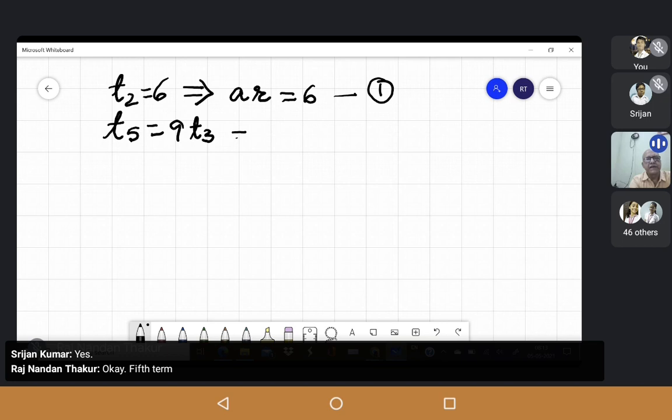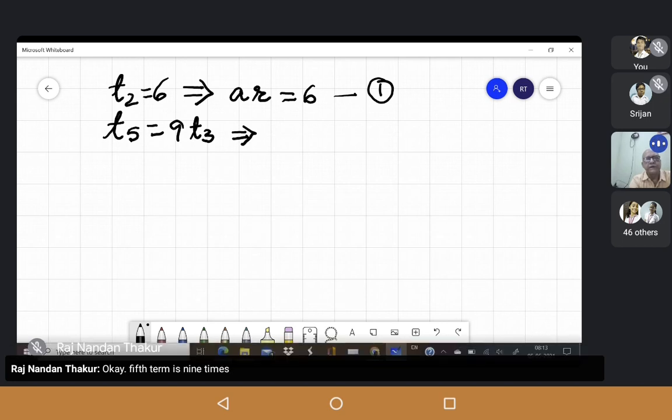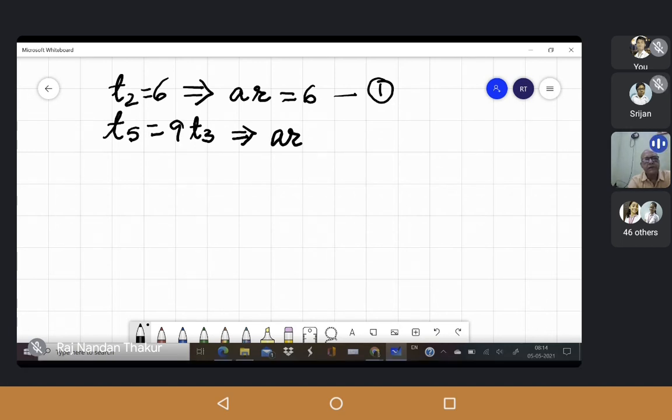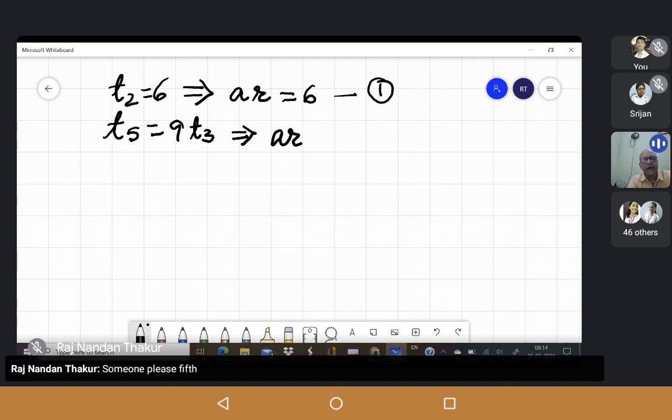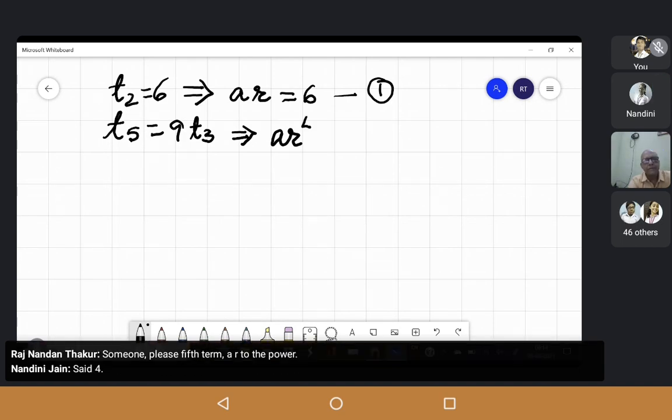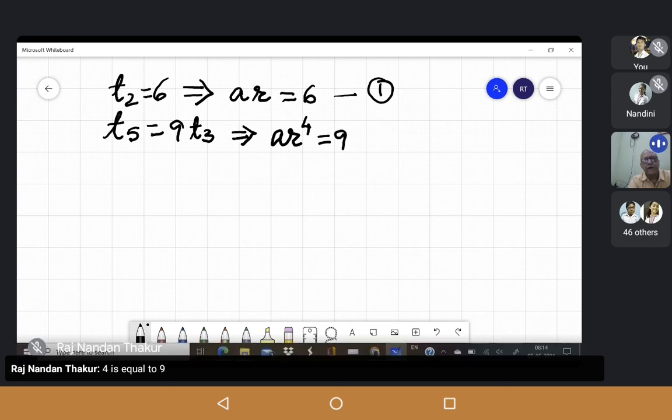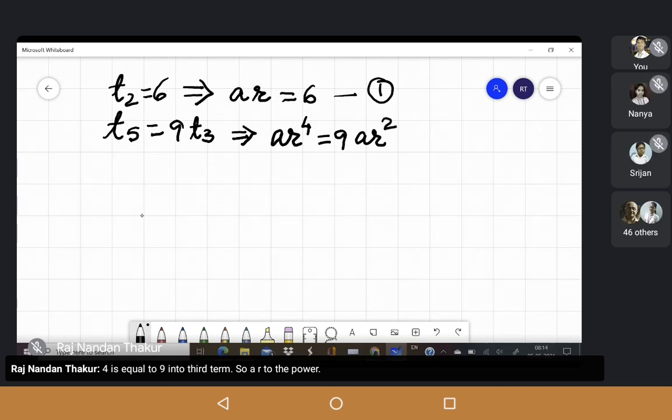Fifth term is 9 times of third term. Fifth term is equal to 9 into third term. So A R to the power 4 is equal to 9 A R square.